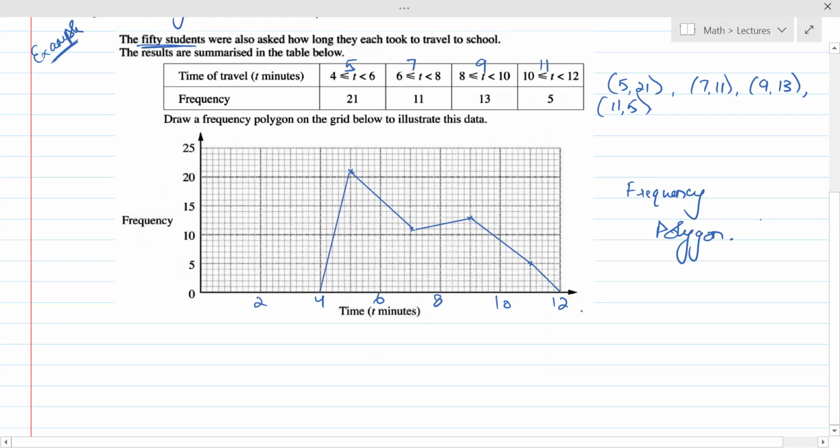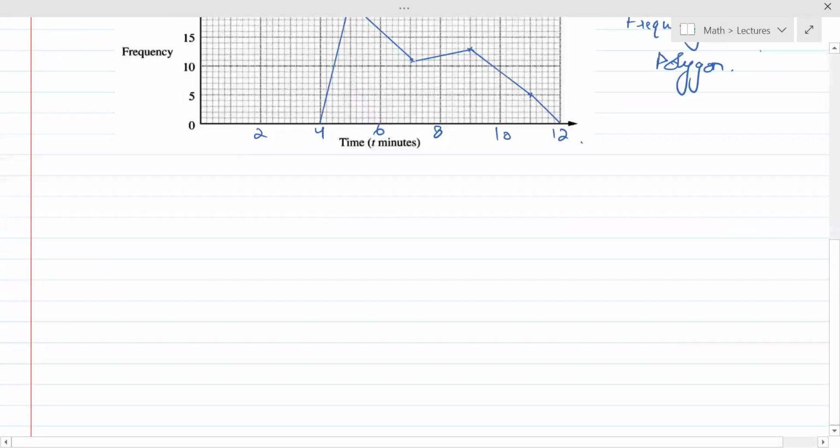And then sometimes we could be asked to draw 2 or more polygons on the same set of axes, and we'd be required to do some comparative analysis about the 2 different data sets or the 2 different frequency polygons drawn.